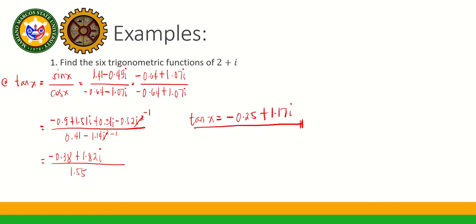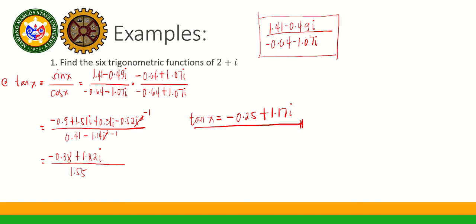So, ganyan. Pero, if you are using your calculator, you can just type this one. Okay, sa calculator nyo, this is the screen of your calculator. You can just type 1.41 minus 0.49i over negative 0.64 minus 1.07i, and then press equals.